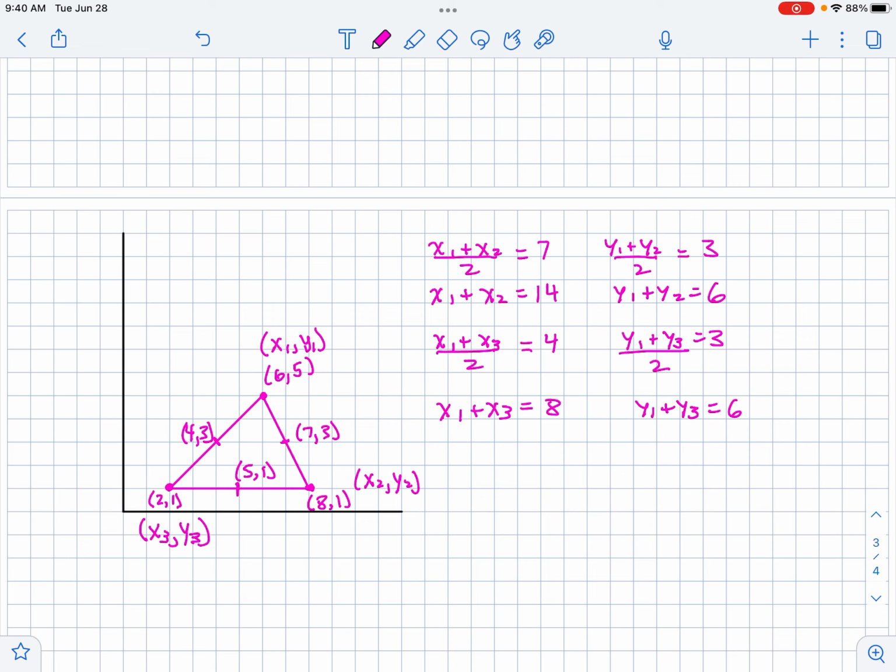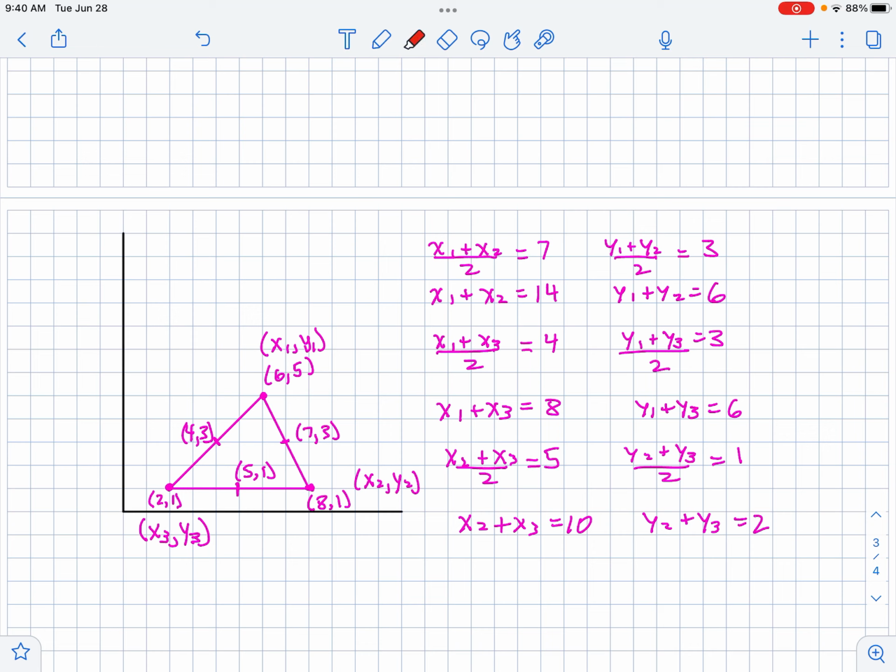Now, the last two are x2 and x3. We go x2 plus x3 divided by 2, the middle x value, should be 5. And then y2 plus y3 over 2, the middle y value, is 1. So we get now x2 plus x3 equals 10, and y2 plus y3 equals 2.